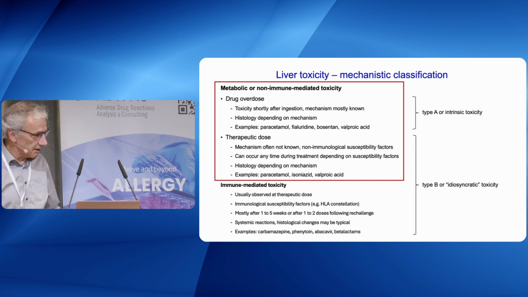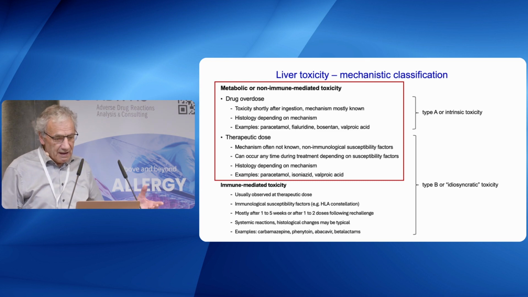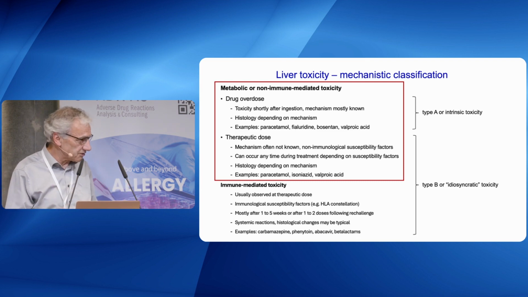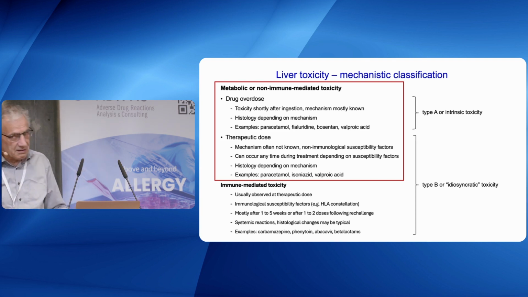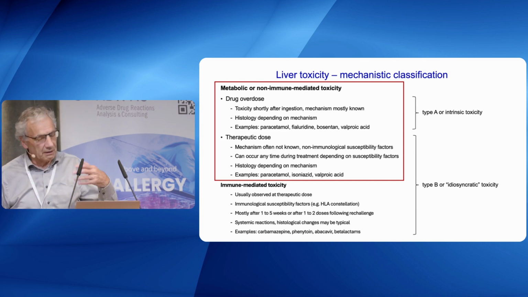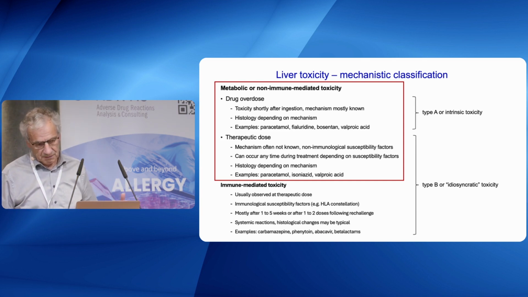Otherwise they would not have this toxicity. And they can occur at any time during treatment, depending on the susceptibility factor. The susceptibility factor may change. Think of a drug induction: a new drug induces a CYP, and then the patient may have an adverse reaction, which may affect the liver.